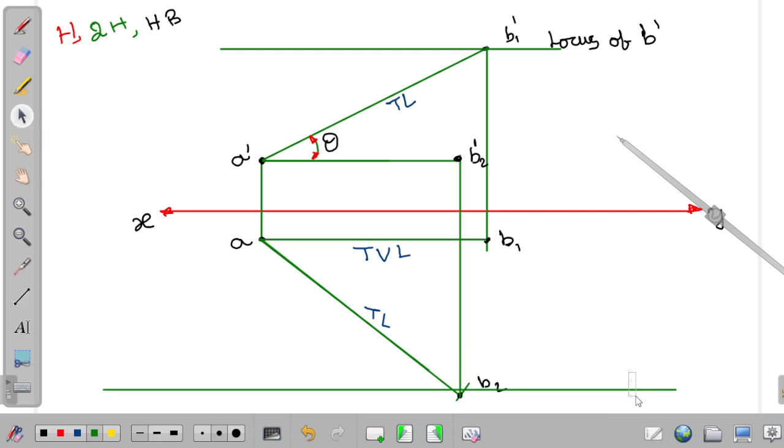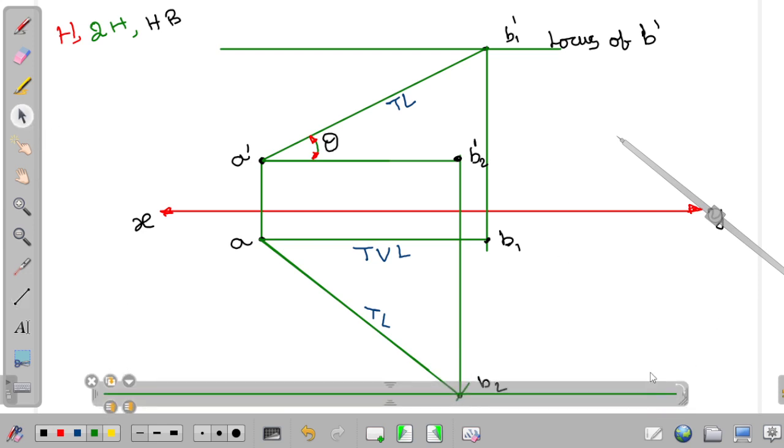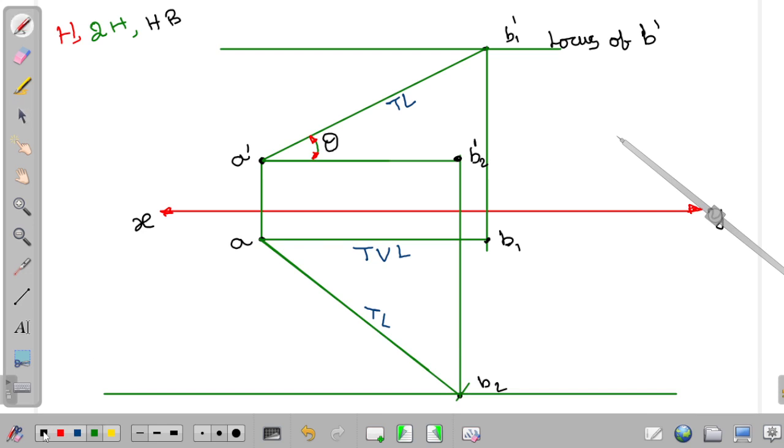Wherever B2 is there, at that place we are going to get the locus of B in top view, which is represented with small b.